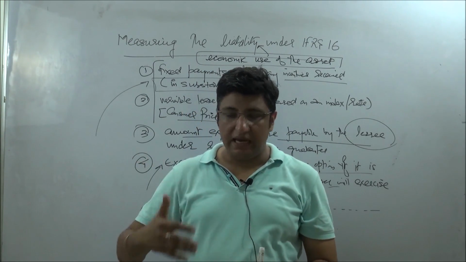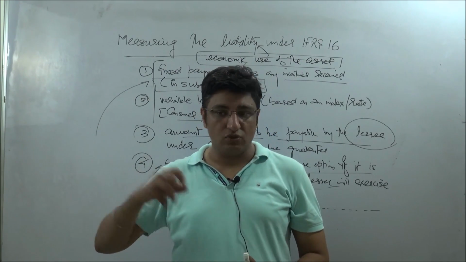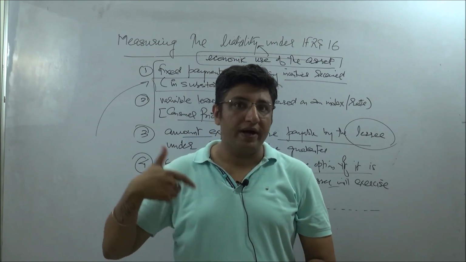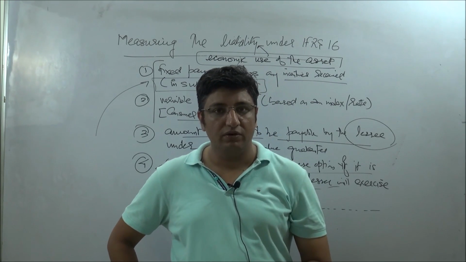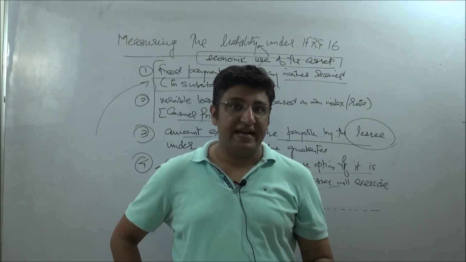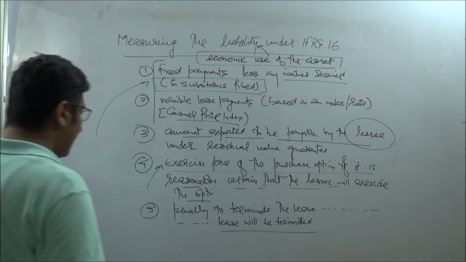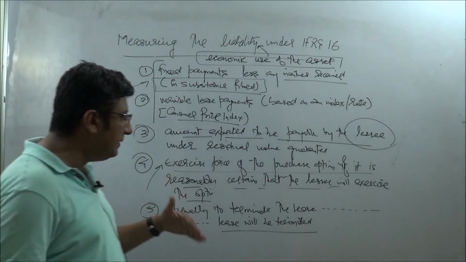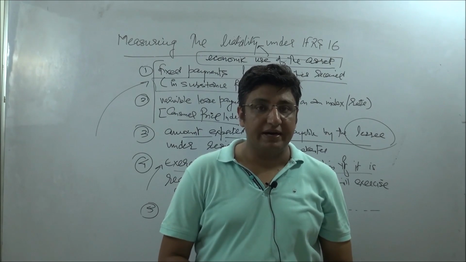Put it like this: I'm using a particular asset under a finance lease. After the lease term is over, let's say after 5 years, the agreement requires me to pay, let us say, 10 times the value of the asset if I were to discontinue the lease. So the whole idea of this penalty to terminate the lease is that I would probably not be in a position to terminate that lease if the penalties exist.